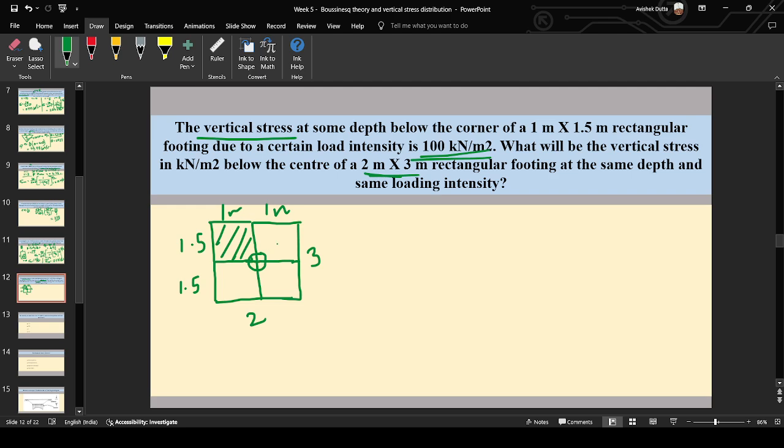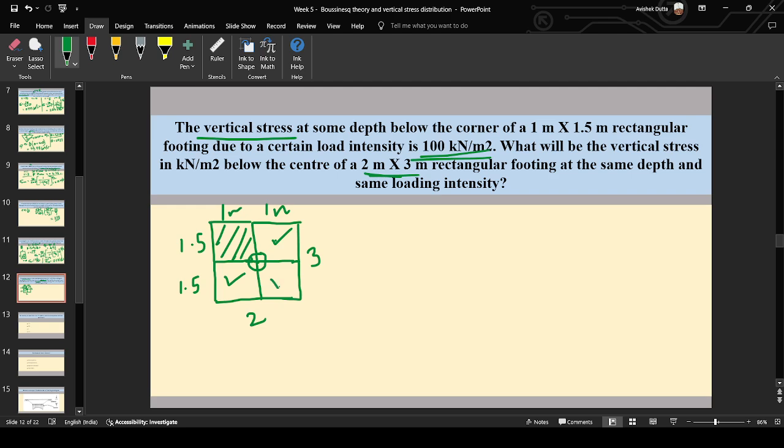Now if we consider this particular rectangle, then again it is 1 meter by 1.5 meter. This will again exert a vertical stress of 100 kilonewton per meter square at the corner, that is at this point. Now again for this particular block, this will again exert a vertical stress of 100 at the corner of its geometry, that is at the center of the entire rectangle.